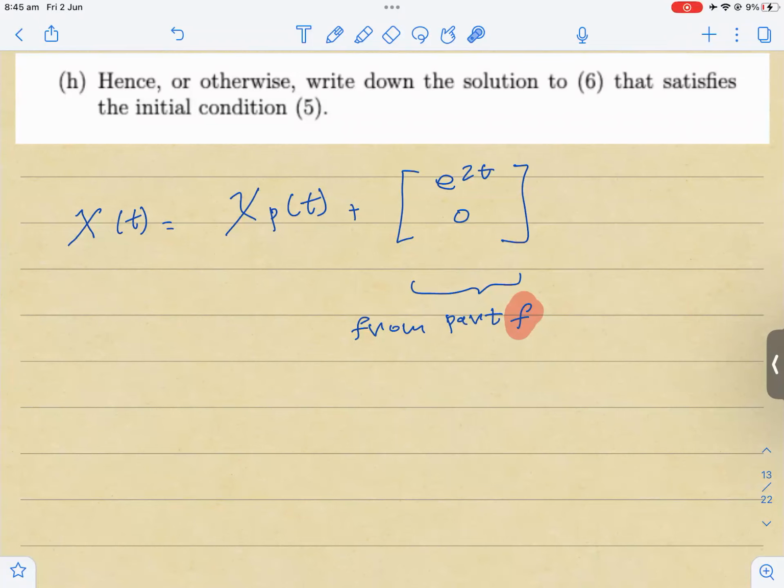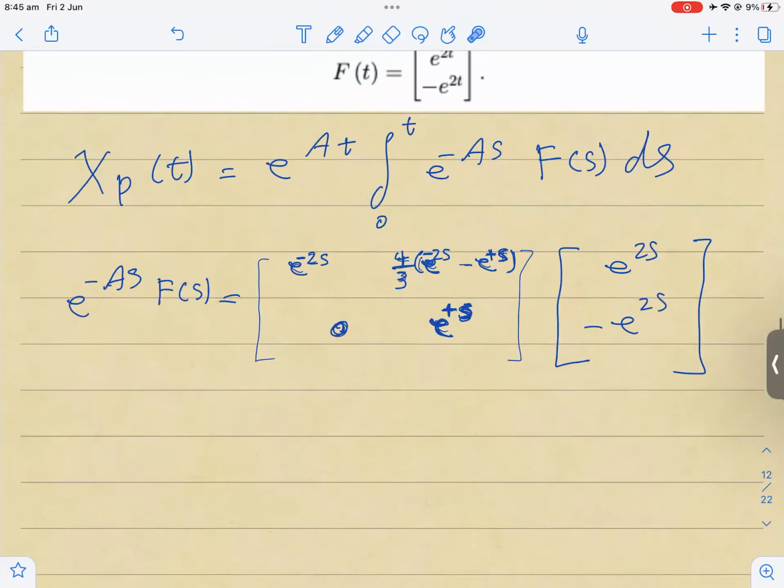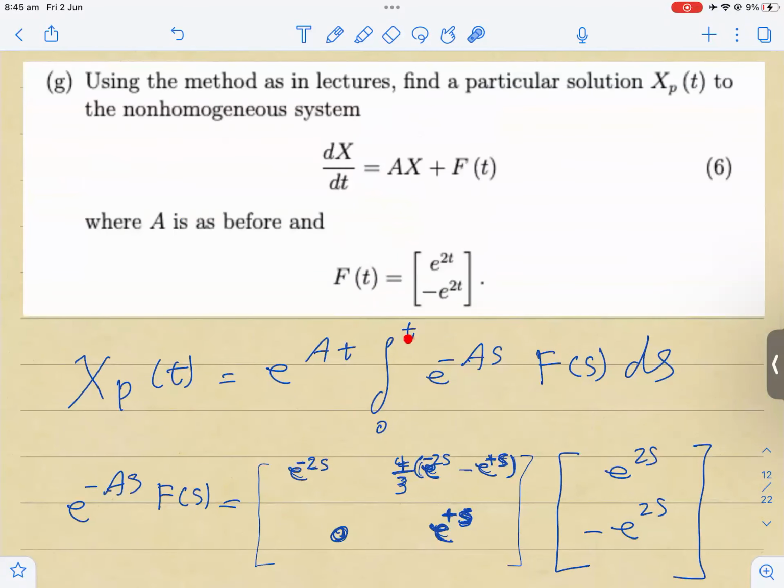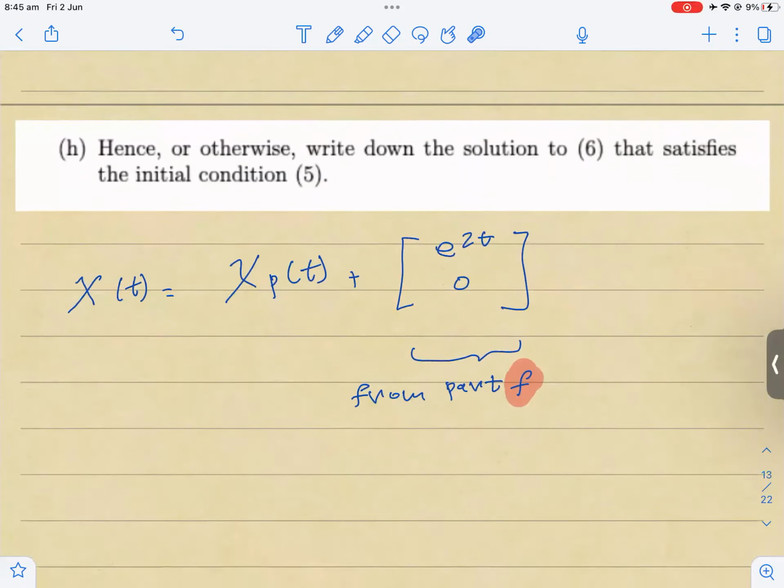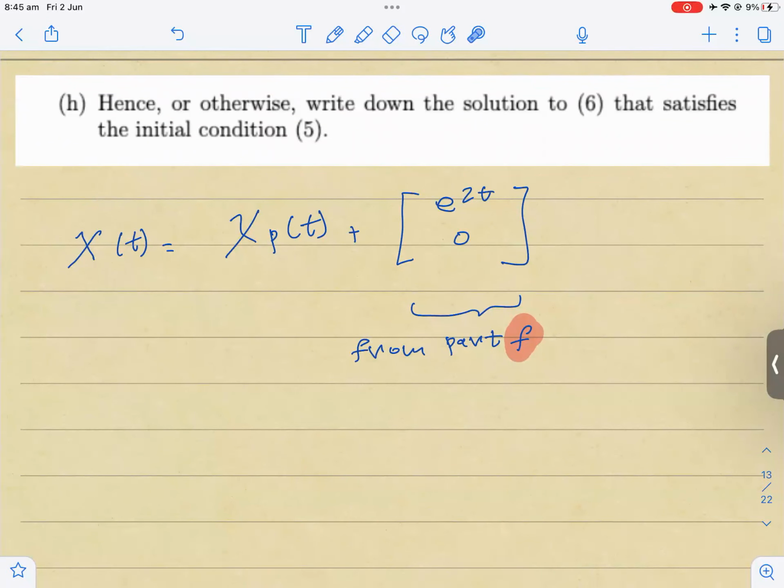Why is it 0? Look at time equals 0, xp, this, if I apply 0 here, then this will be 1, then this will be something, whatever, integral from 0 to 0. So this will be 0. Okay. That was a side remark.